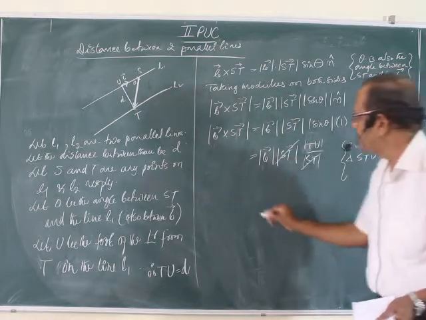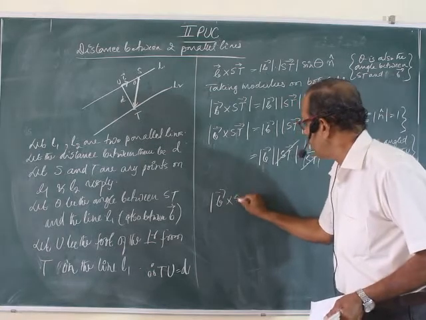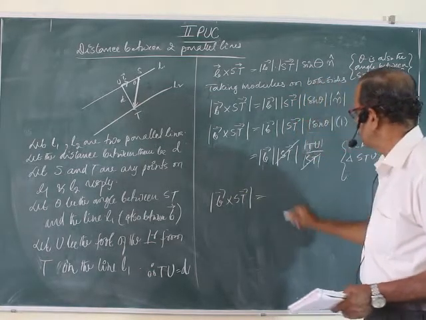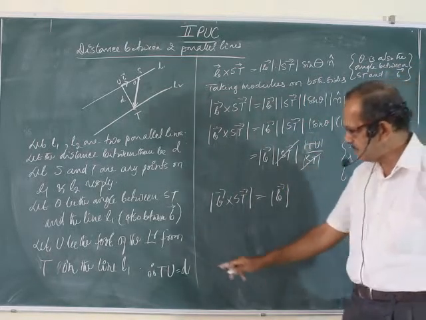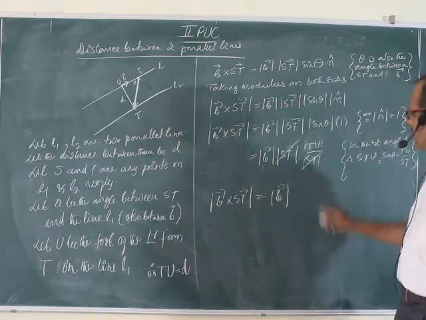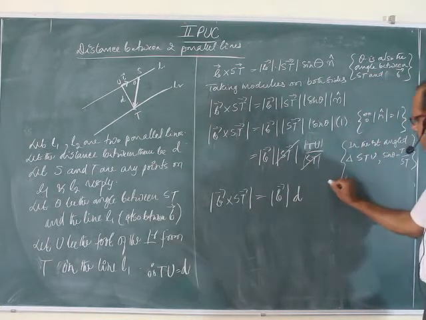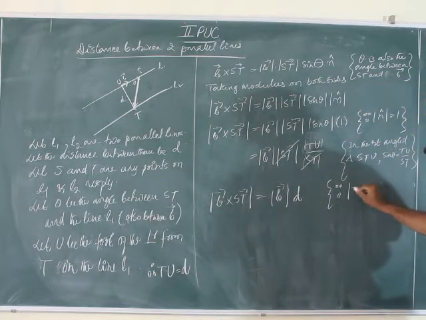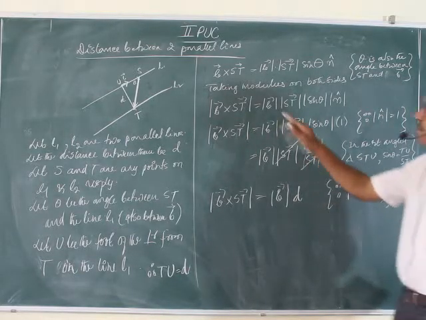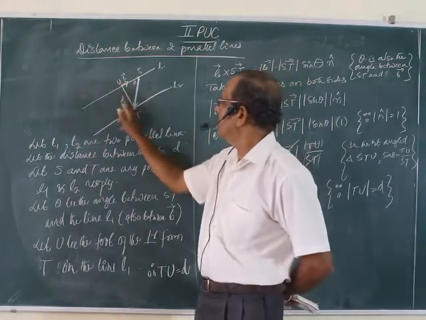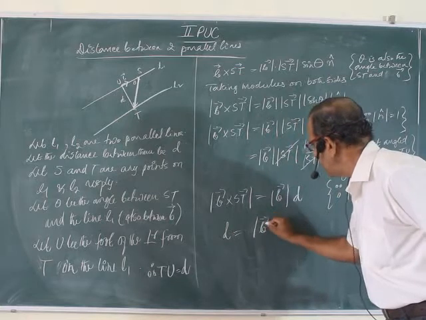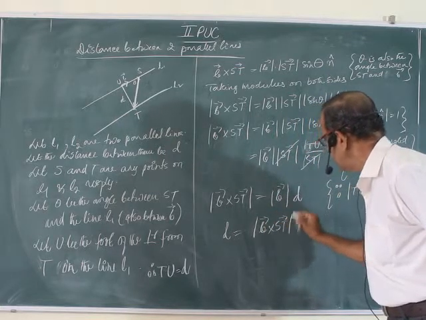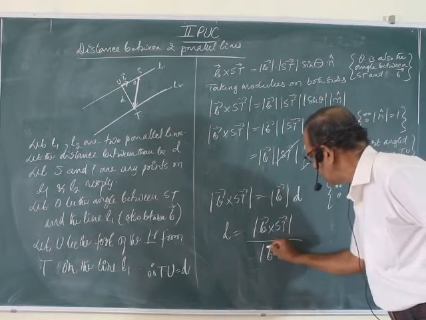You get mod of B cross ST equal to mod B into TU. We said TU is D, so it is into D. You need the formula to find the distance D. Therefore, D equals mod of B cross ST divided by mod B.